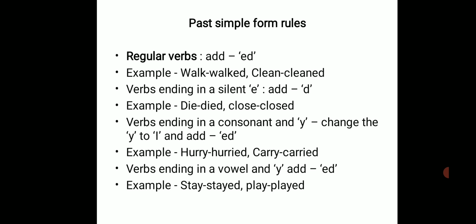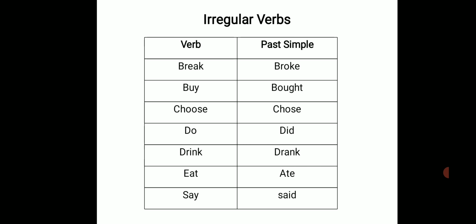And the rule for this is, any regular verb is made a past tense verb by adding ed or even d, like died or closed, walked, and so on. And some words change according to their word formation rules: stay, stayed, play, played, and so on. Here is a list of irregular verbs: break, broke, buy, bought.